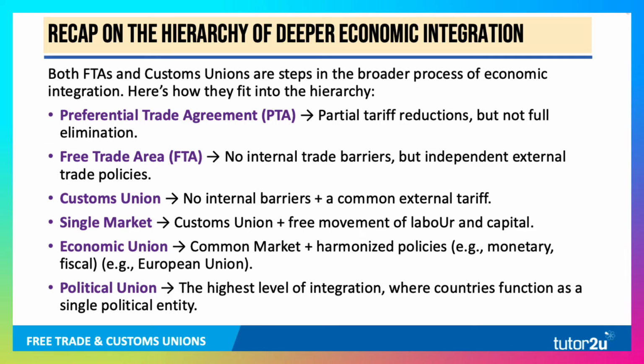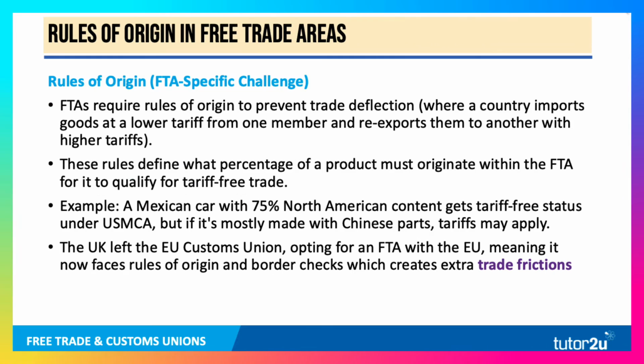Single market, customs union plus free movement of labour and capital. And an economic union is where the single market is added to by harmonised policies, monetary union, fiscal union and so on. Political union is the deepest level of integration where countries function as a single political entity. So the European Union is obviously a single market, it's a customs union, it's also an economic union in the sense that the majority of countries have already signed up to the single currency.